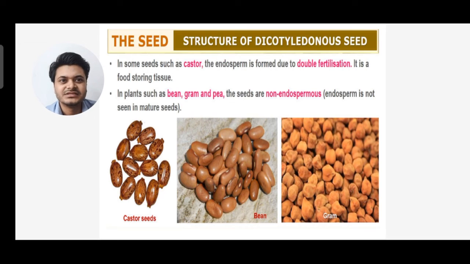So again I repeat, in castor they have an endosperm, whereas in gram and bean the seeds don't have an endosperm.